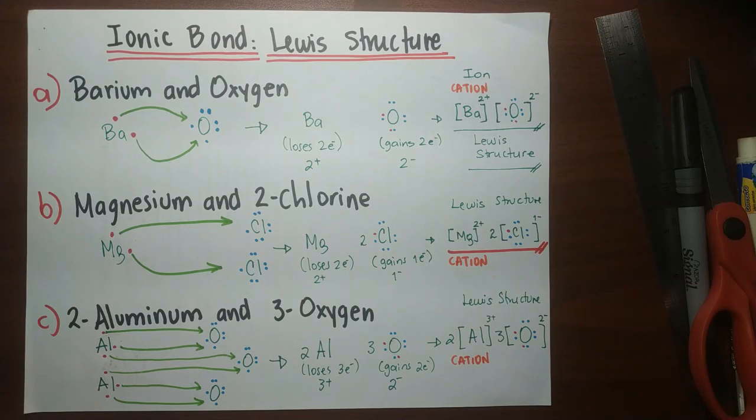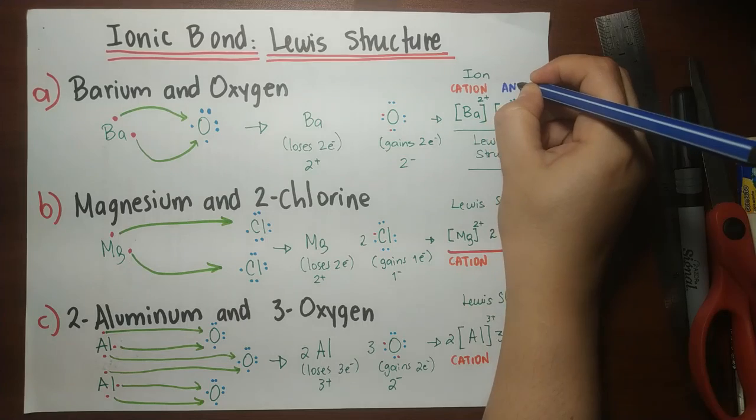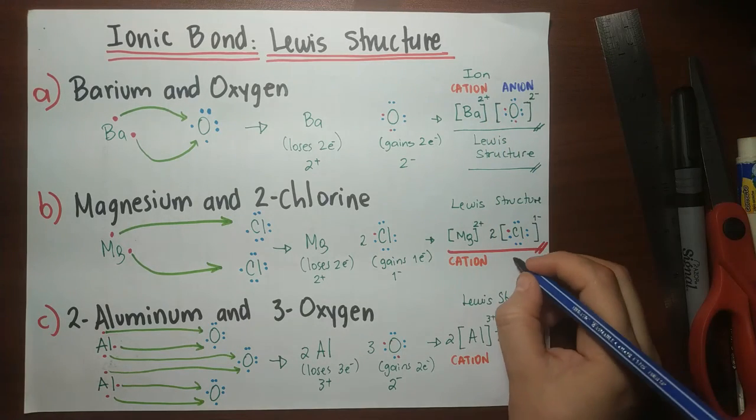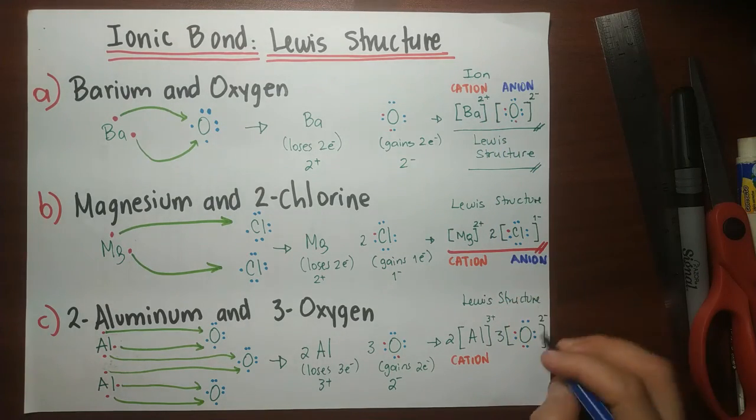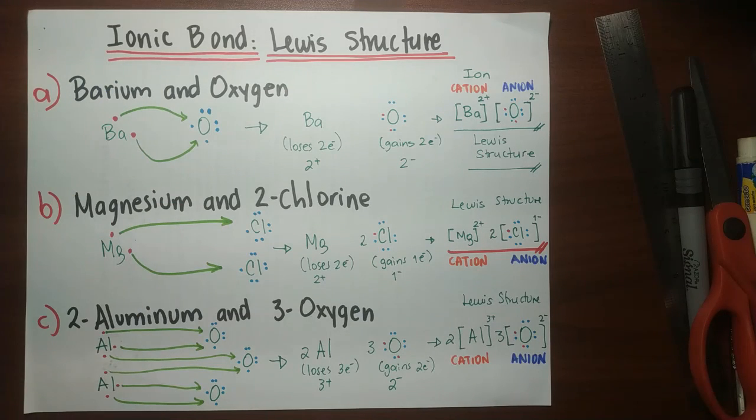And the ones that gain electrons, we call anions. Anion. And as you can see, an ionic compound is made of a cation and an anion, where the cation is written on the left and the anion is written on the right side, but that is for another class.